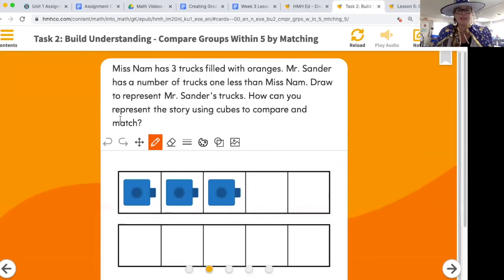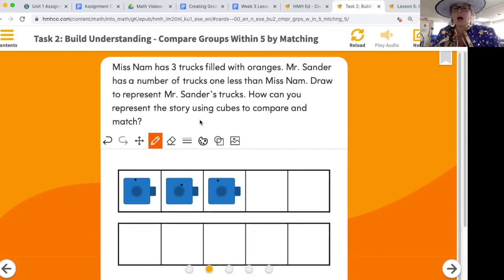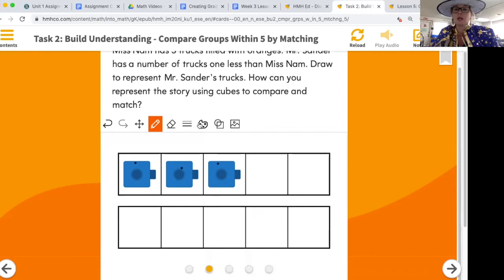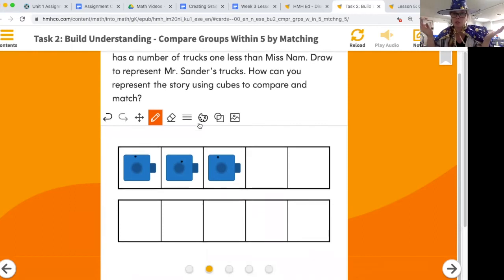Remember, okay, now we're going to go to this next picture right here. Okay, and it says Miss Nam has 3 trucks filled with oranges. 1, 2, 3. Mr. Sander has a number of trucks 1 less than Miss Nam. Draw to represent Mr. Sander's trucks. How can you represent the story using cubes to compare and match? How can you do that?